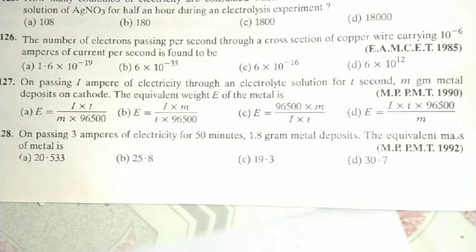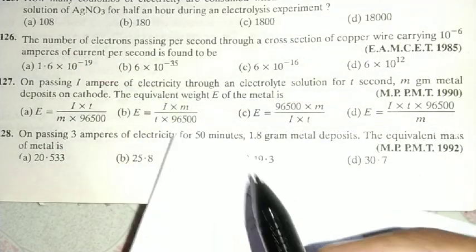Now look at question number 128. On passing 3 amperes of electricity for 50 minutes, 1.8 gram of metal is deposited. The equivalent mass of the metal is. So just use the above formula only. What is the formula?